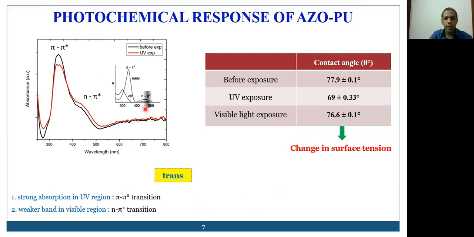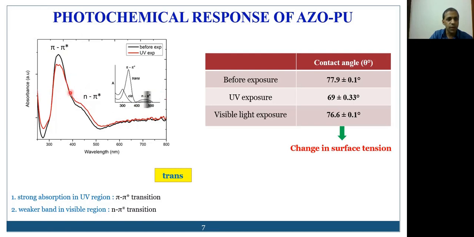We see a strong absorption in the UV region corresponding to the pi to pi star transition of azobenzene. There's also a weaker band in the visible region, which corresponds to the n to pi star transition in azobenzene. And this is the typical absorbance spectra of cis and trans azobenzene molecules.